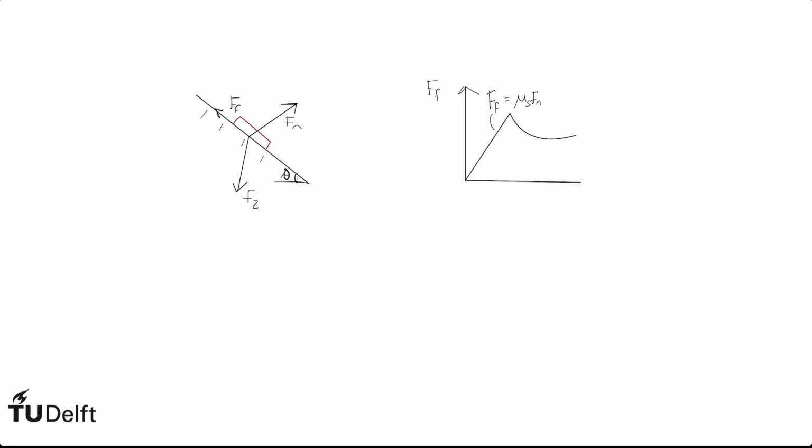We could decompose all forces in x and y components, but it's easier to take a component along the table and perpendicular because two of our forces already are uniquely in those directions. So we only have to decompose the gravitational force, which gives us a component that's perpendicular to the table and a component that's along the table.